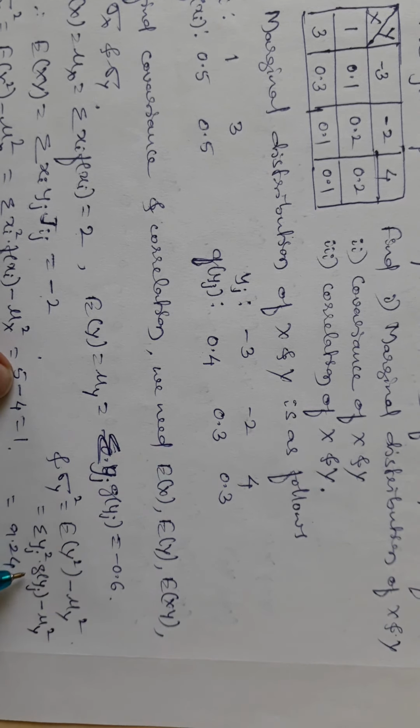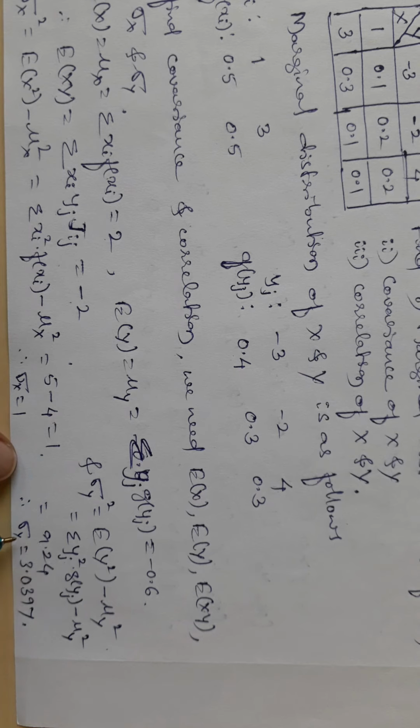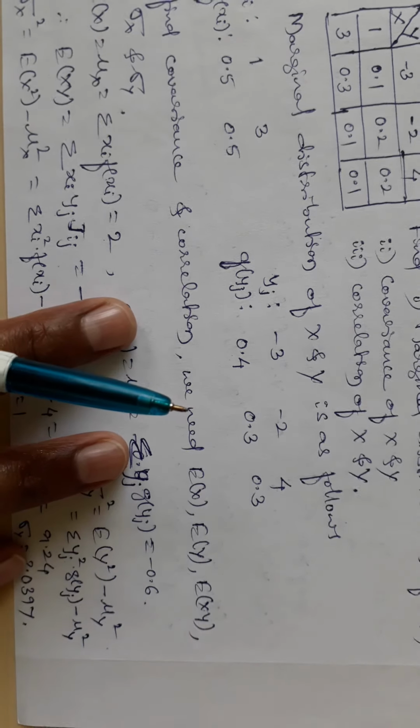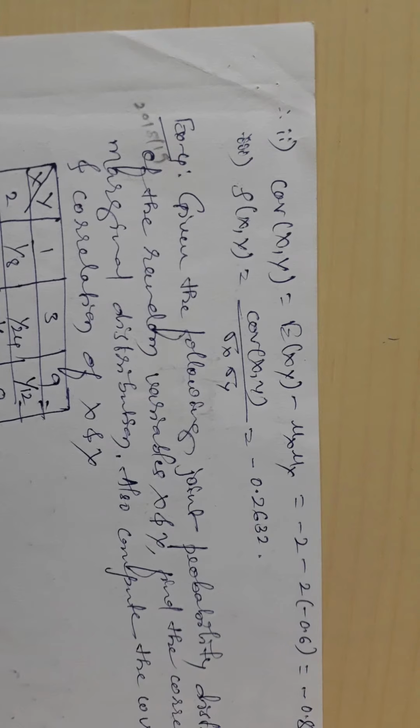By adding, we get one value. Subtracting the square of minus 0.6 and simplifying, we get 9.24, and taking the square root, sigma y is 3.0397.